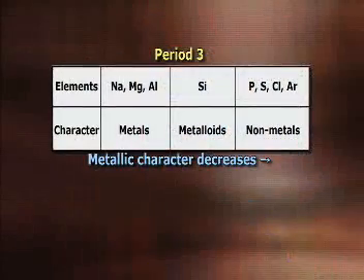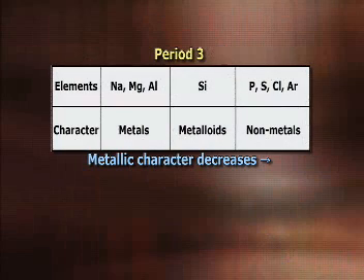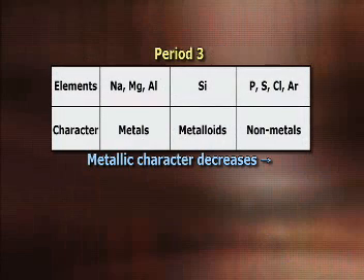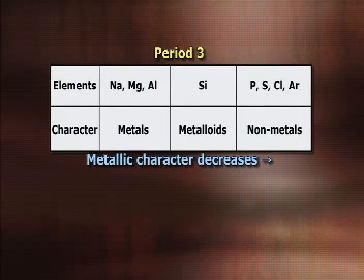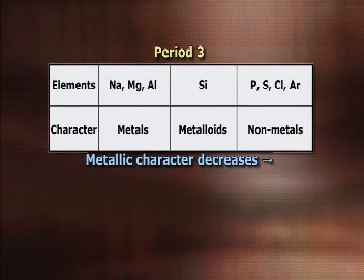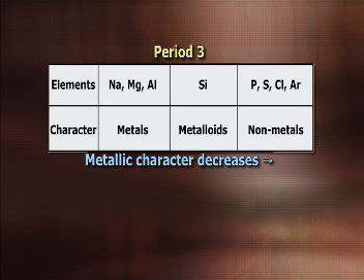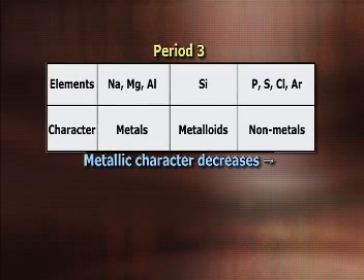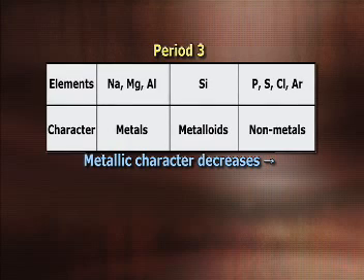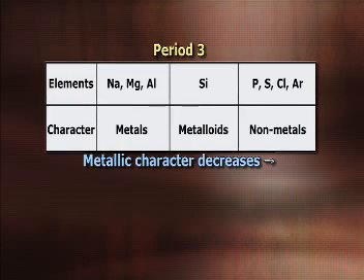This table shows the period 3 elements. They are all grouped either as metals, metalloids, or nonmetals. Sodium has the most metallic character of any element in this period. The metallic character decreases through the other metals, magnesium and aluminium.